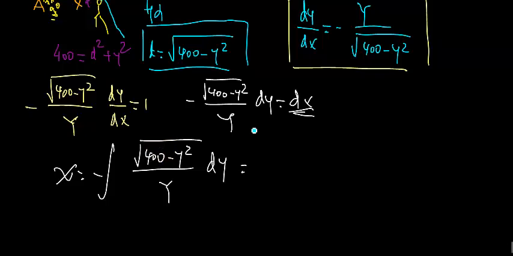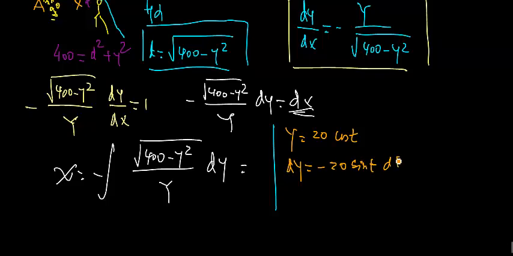But if I make a change of variable, let us say y equals 20 cosine of t, I will get dy equals minus 20 sine of t dt. Later you will see why I make this change of variable.